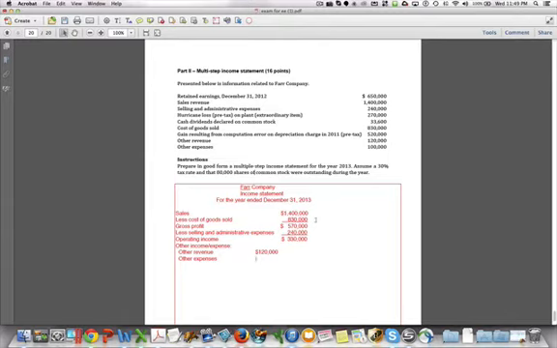Now I'm going to use parentheses here, since we don't have the word less on the left. There is no less written there. We're going to put a line underneath this, and net other income, because it's positive, 20,000.